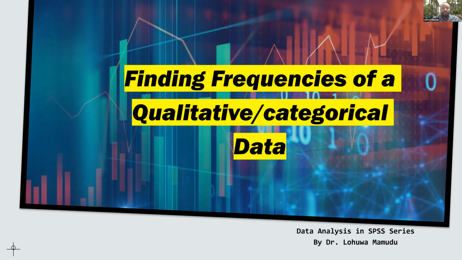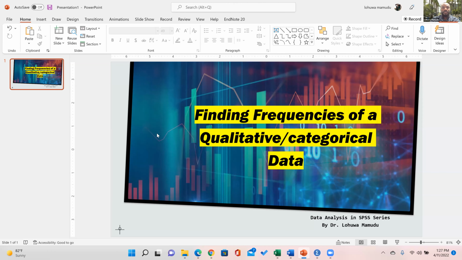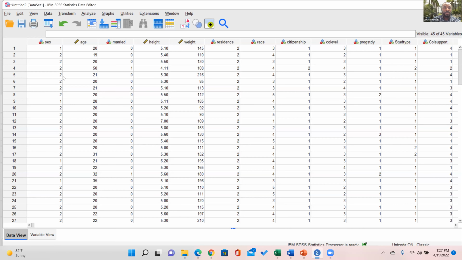Now, once you have your SPSS data, so there's our SPSS data, we would want to find some frequencies for a given qualitative or categorical data. In order to do that, you first have to identify your categorical or qualitative data. In SPSS, this is named as nominal data.